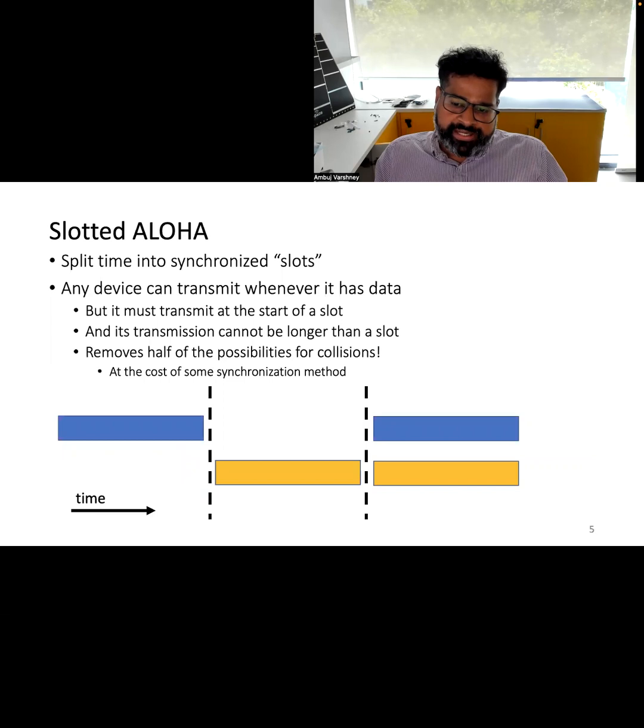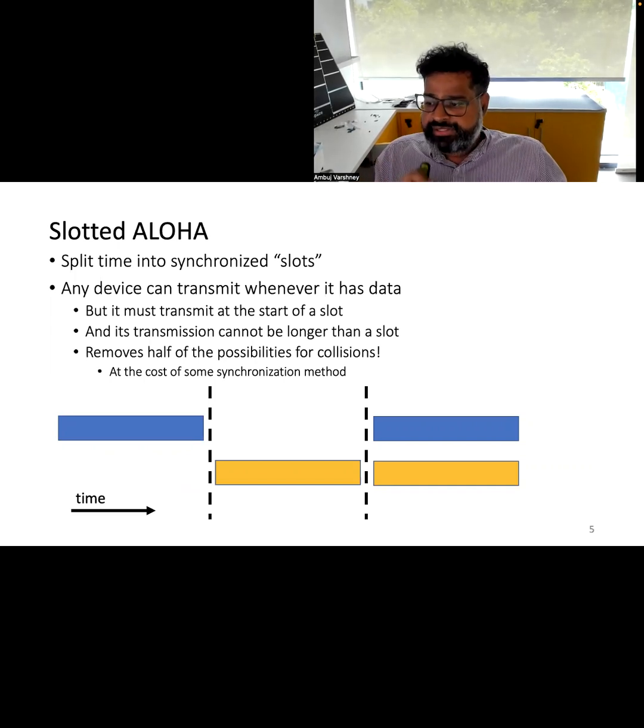One solution that has been proposed to tackle this problem is to introduce something called slotted Aloha protocol. This protocol, as the name suggests, divides the time into synchronized slots, and this approach offers some key improvements. First, in slotted Aloha protocol, devices can transmit data whenever they have data to send, but they can only start transmitting at the beginning of the time slot.